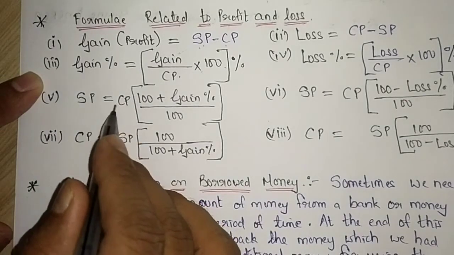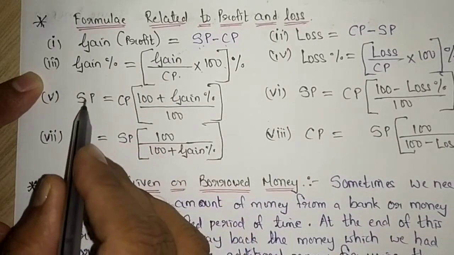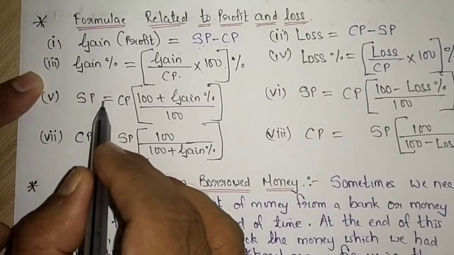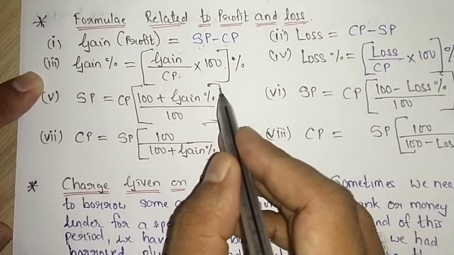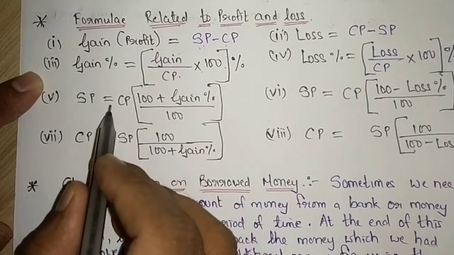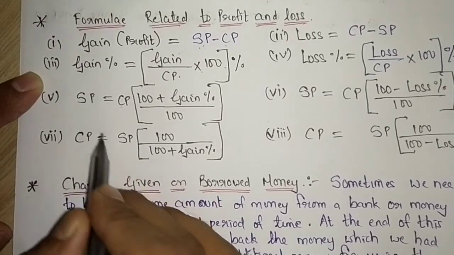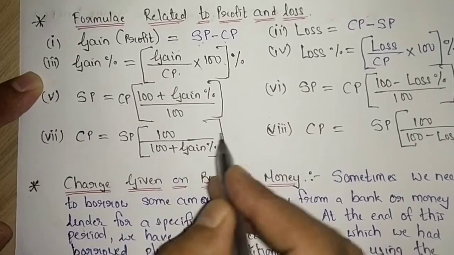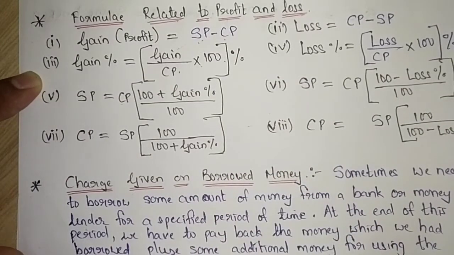The opposite of this: if they have not given you cost price, they have given you selling price and gain percentage, then multiply 100 to selling price, and 100 plus gain percentage will come down. This is our formula for cost price.